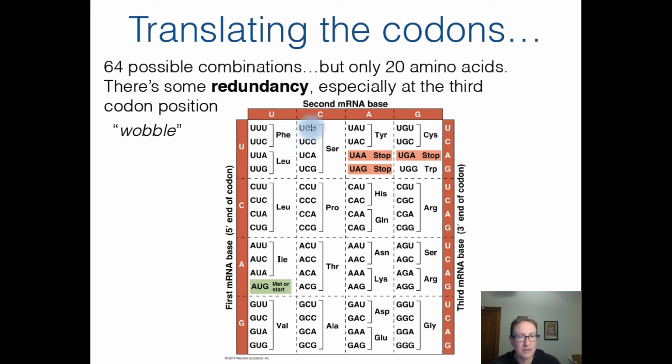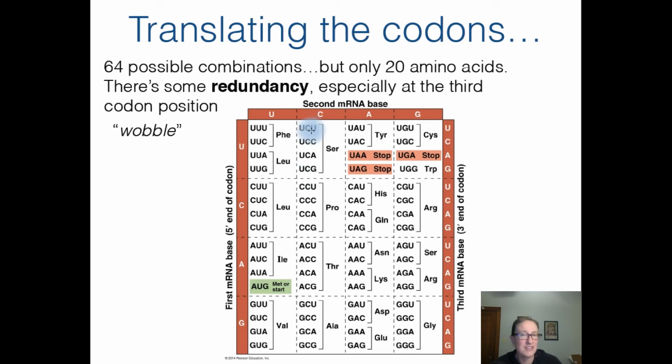And you'll notice, for example, that in this little box here, there are 4 different codons that all code for the same amino acid. So there's some redundancy here. And you'll notice a similar pattern across this table, right? The same thing's true here for proline, or for leucine, or for threonine, or alanine, or valine. In all of these cases, the difference between the codons that all code for the same amino acid happens at the 3rd position in that codon.